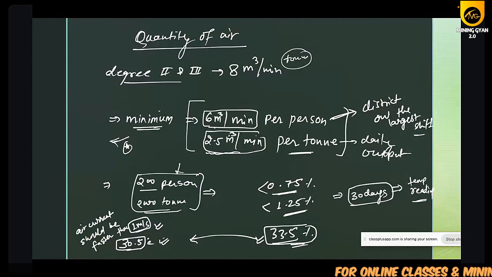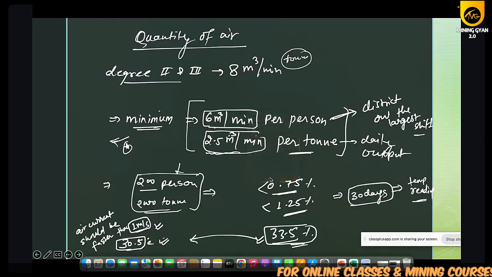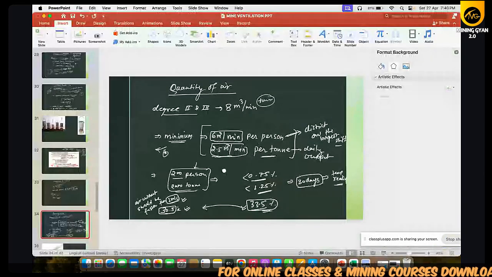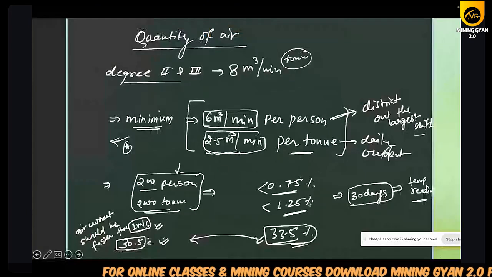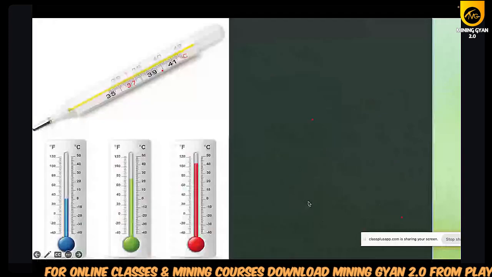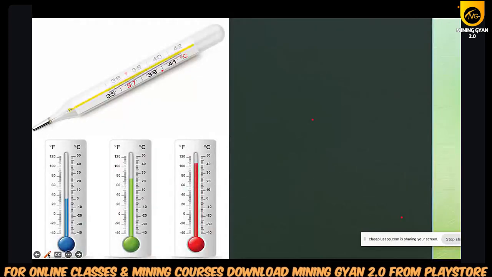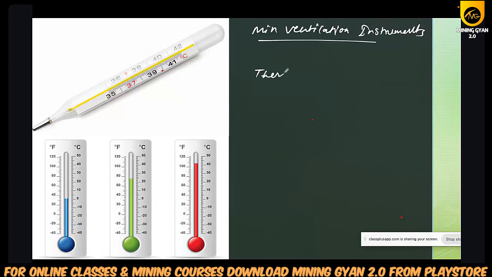Now I want to tell you some information about some apparatus used in mine ventilation. First is the thermometer.